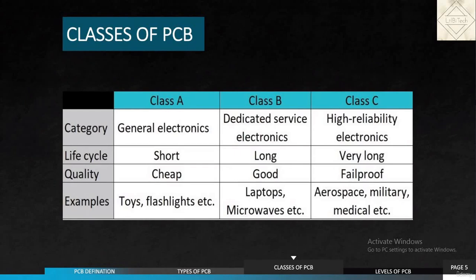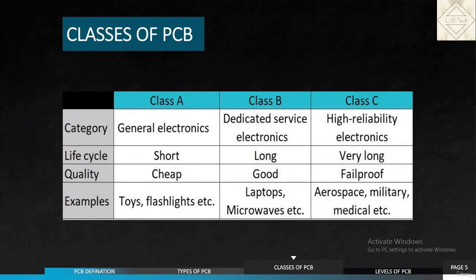In class A PCBs, they don't give you a warranty. It may run for 1 day, 2 days, 1 week, 2 weeks, or 1 month, 2 months. We cannot tell. This is a short life cycle, so no warranty will be given. The quality will be very cheap, and cost-wise class A PCBs are also very cheap in the market.